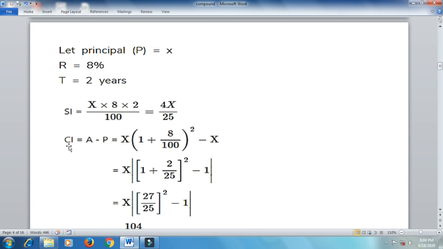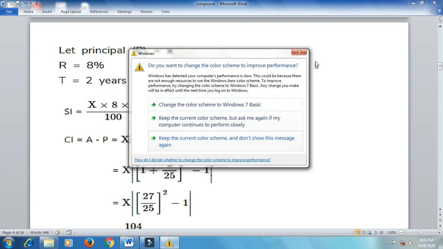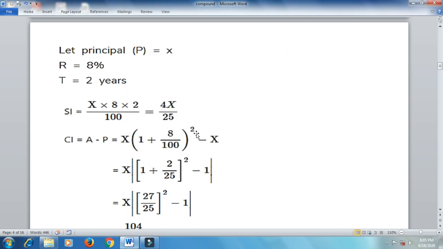Let us calculate the compound interest by using the formula amount minus P. Formula for amount is P into 1 plus R by 100 to the power N. In this case, P is considered as X, R is taken as 8 and N is 2. After substitution, 8 by 100 can be written as 2 by 25.